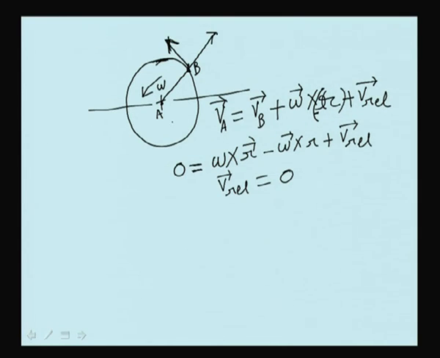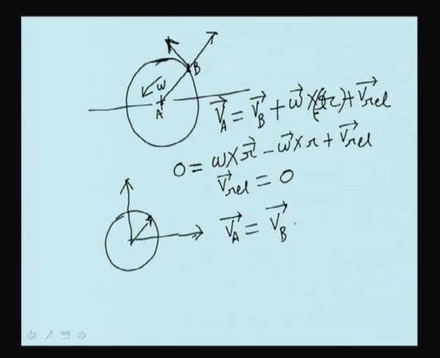However, if we fix a non-moving coordinate system here at particle A, then velocity of particle B is related with velocity of A in this fashion: VA is equal to VB plus VL.